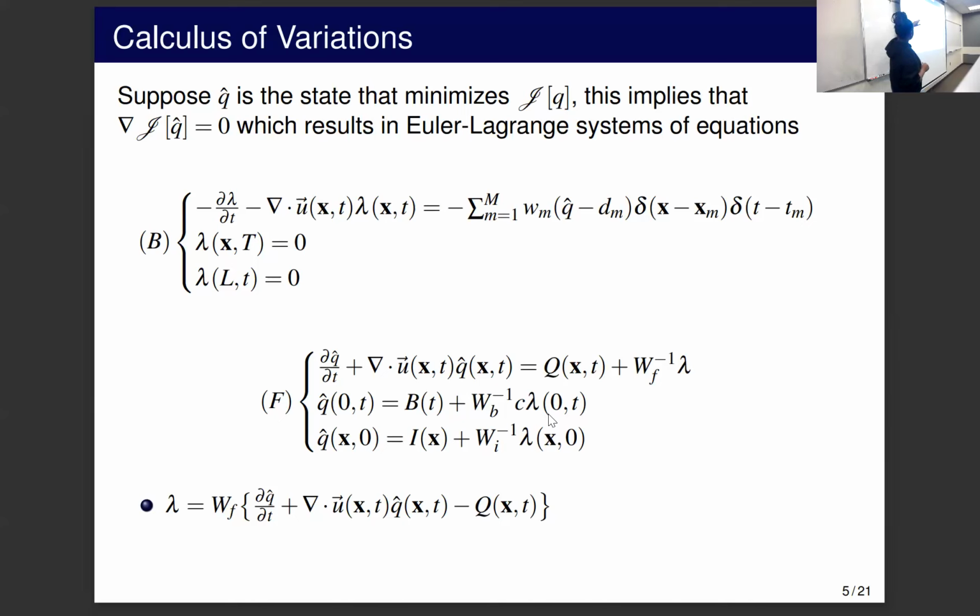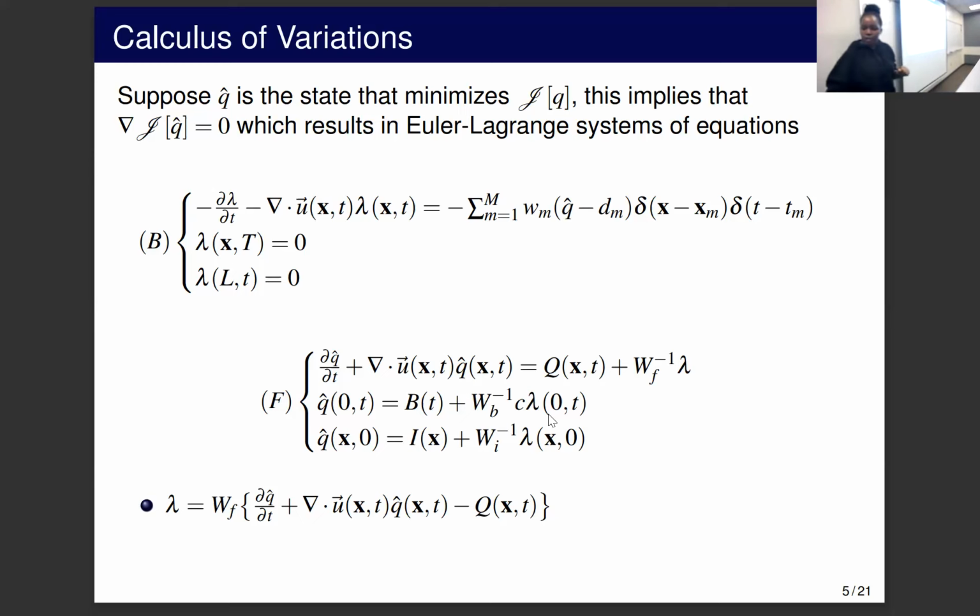Doing that results in the Euler-Lagrange system of equations as shown above, where these deltas are Dirac delta functions, and Patricia will talk more about that. As we can see, these two systems are coupled in that the variables lambda and q hat can also be found in the other system, and therefore we cannot solve them directly.